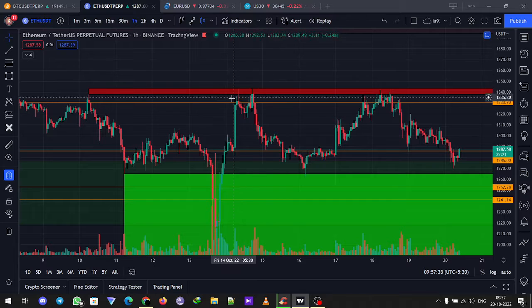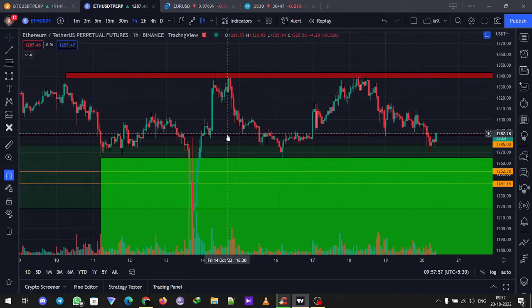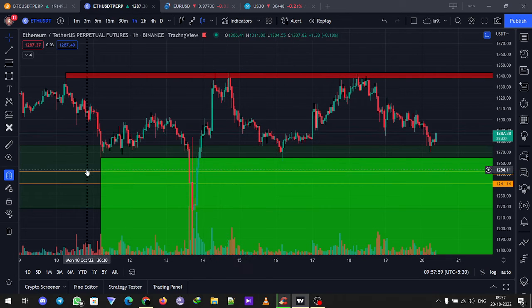So as soon as the market closes below this level, which it has here, we will place our sell order around below this level. Let me delete these lines.